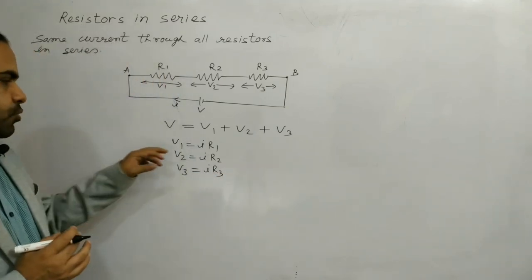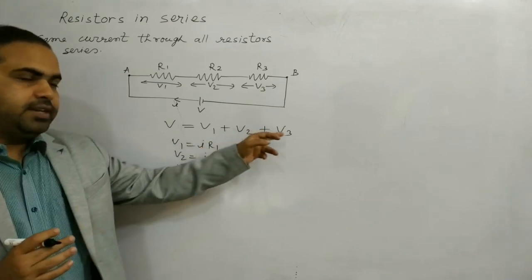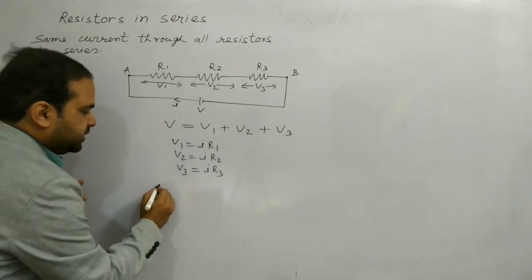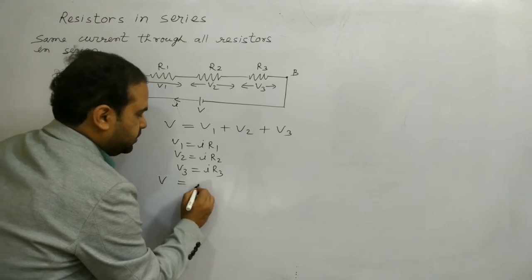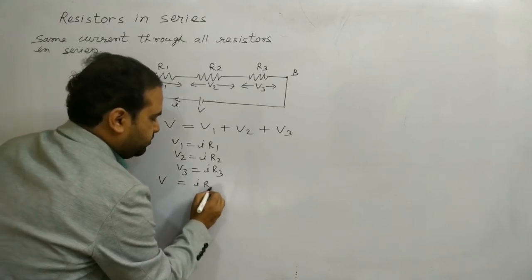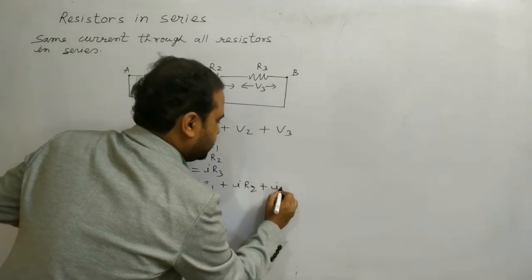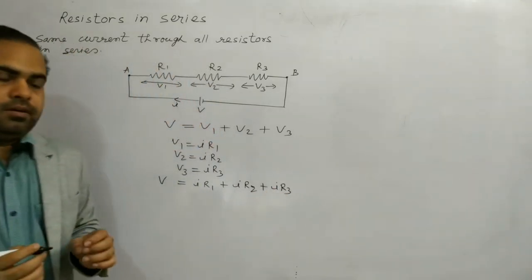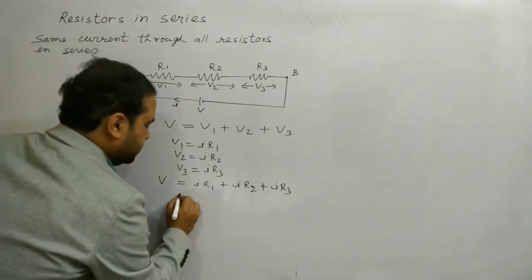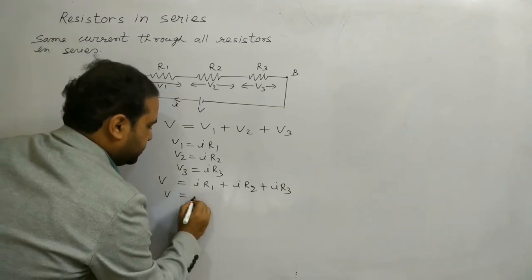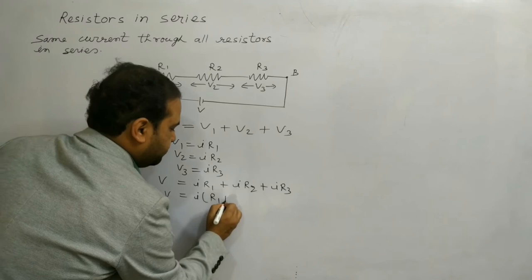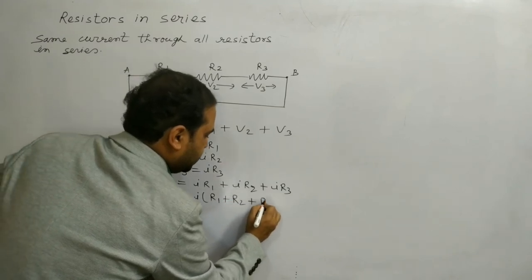So putting all these values V1, V2 and V3 in this equation, we get V equals IR1 plus IR2 plus IR3. Take I common, so we get V equals I times R1 plus R2 plus R3.